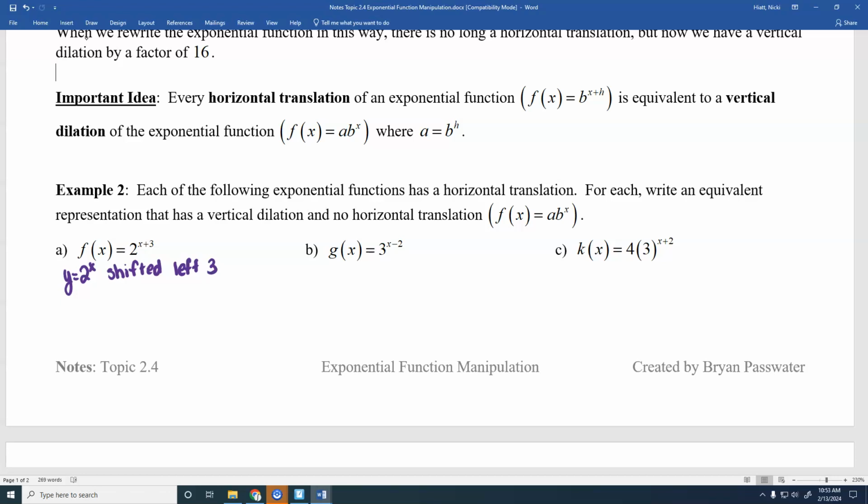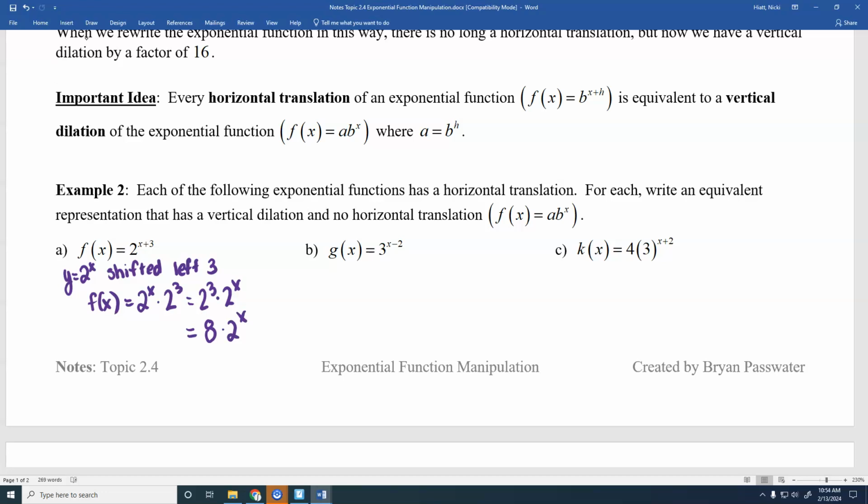But it asks us also to do a vertical dilation that is equal to that. It asks us to put it in the a times b to the x form. So if I do that, I can write f of x as 2 to the x times 2 to the third power. And then probably I won't put that 2 to the third power first; I could have done that to begin with. And what is 2 to the third power? 8. So I've got 8 times 2 to the x power.